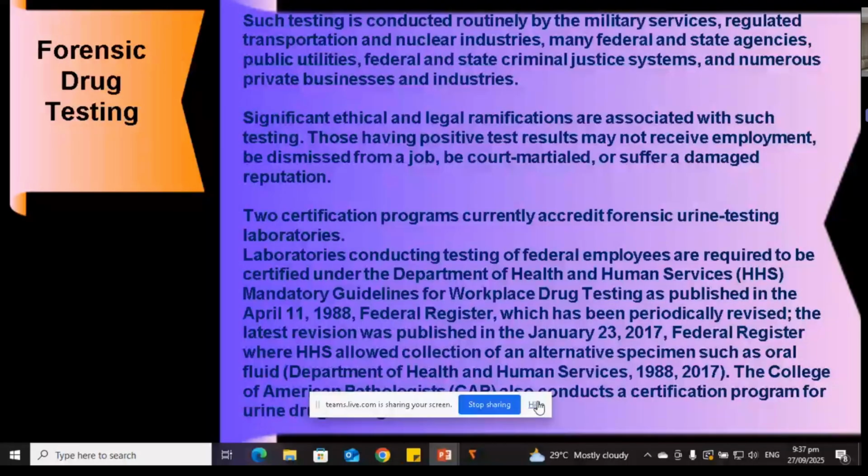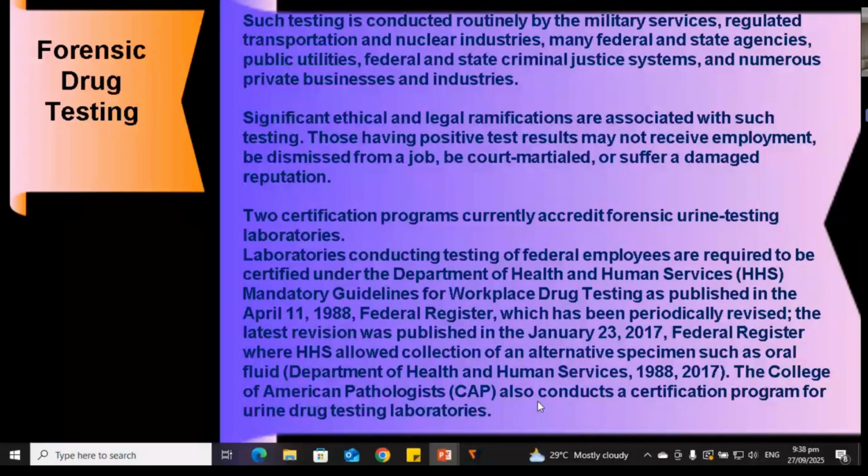So, we will next go to forensic drug testing. We all need these forensic tests, because in cases of poisoning we need these services. But mainly in the military services, it is a very relevant area. They always need this for the transportation of their arms and ammunition.